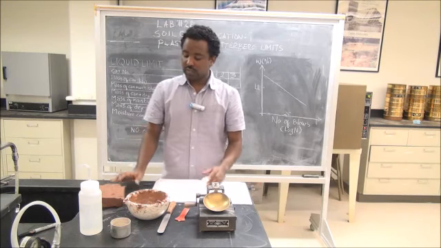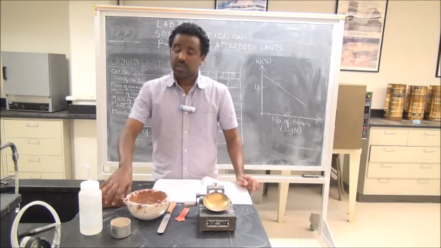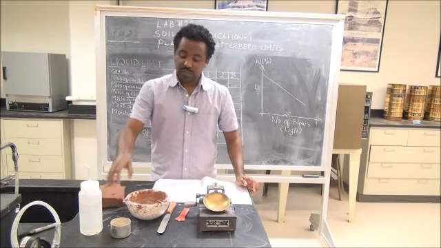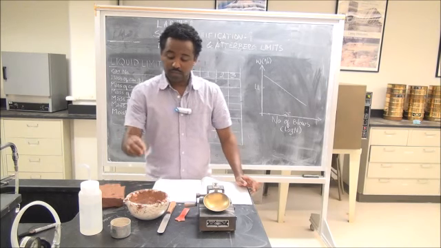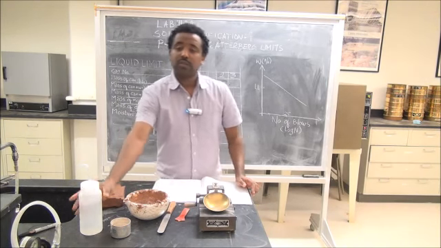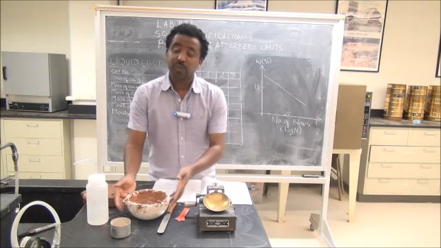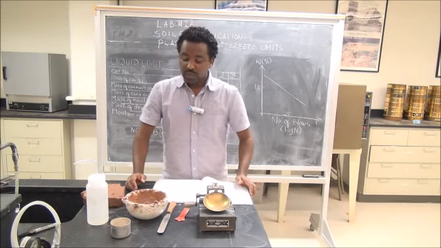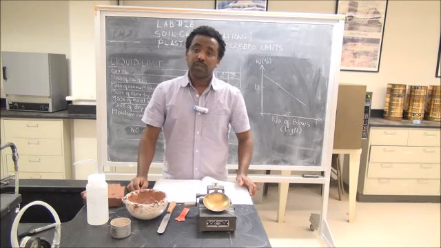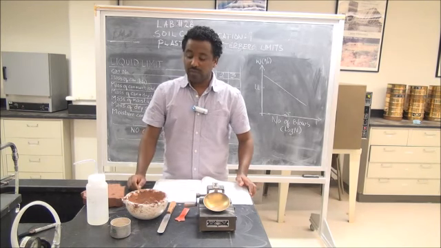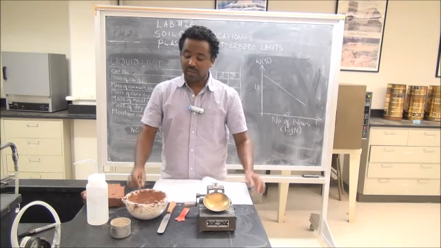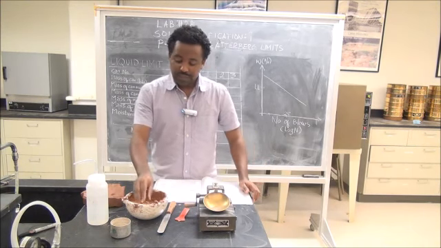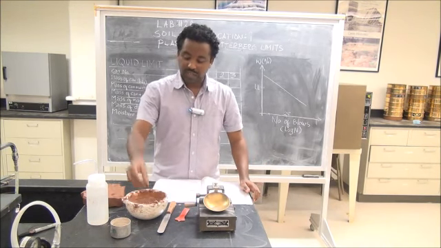What you need to do is, after you put the measured soil sample into the ceramic bowl, you add water until it forms a paste. But make sure that the paste is not too fluid, and it should not be very hard. It should be a workable paste, as you might see something like this.